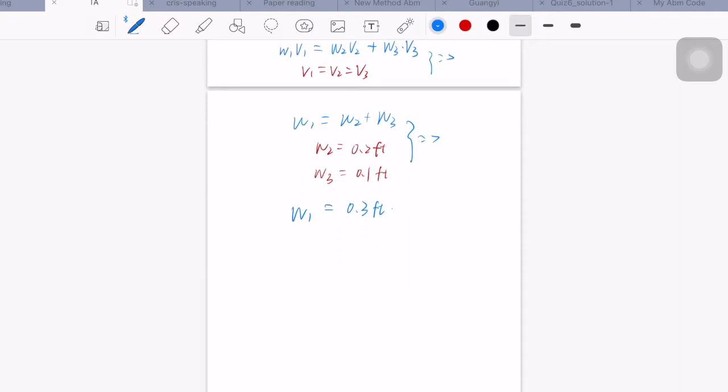And then we apply the momentum equation in the x direction.